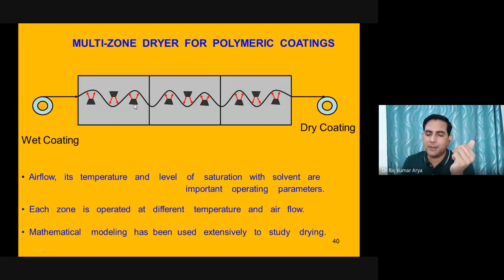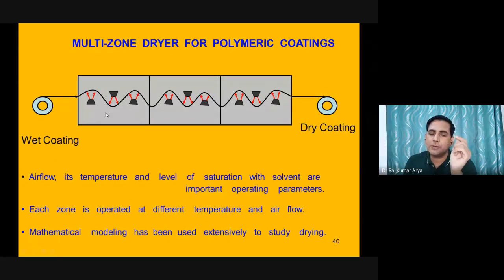So this is a typical example of three zones. We have divided this particular dryer into three zones: zone 1, zone 2, zone 3. In each case you have three variables. One is the airflow on top and bottom. Another is the temperature, which in a particular zone is fixed.